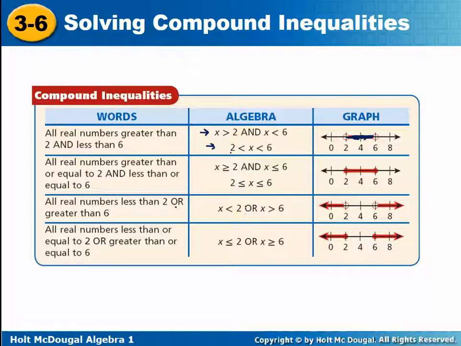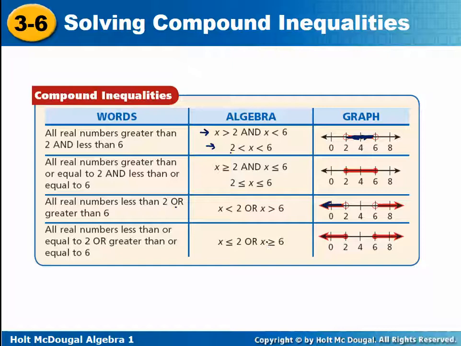If it's an "or" statement, you're going to have 2 different parts of your graph and they'll be pointing away from each other. So in this one we have all real numbers less than 2, so that's an open circle and an arrow this way, or x is greater than 6, so that's an open circle and pointing to the right. And then if they have lines under them, one or the other, you would use a solid dot instead.